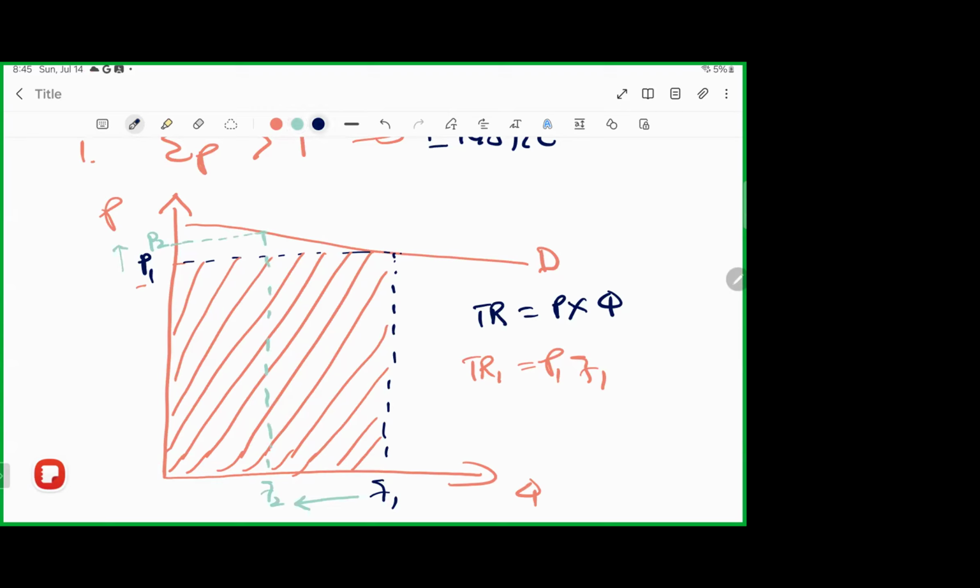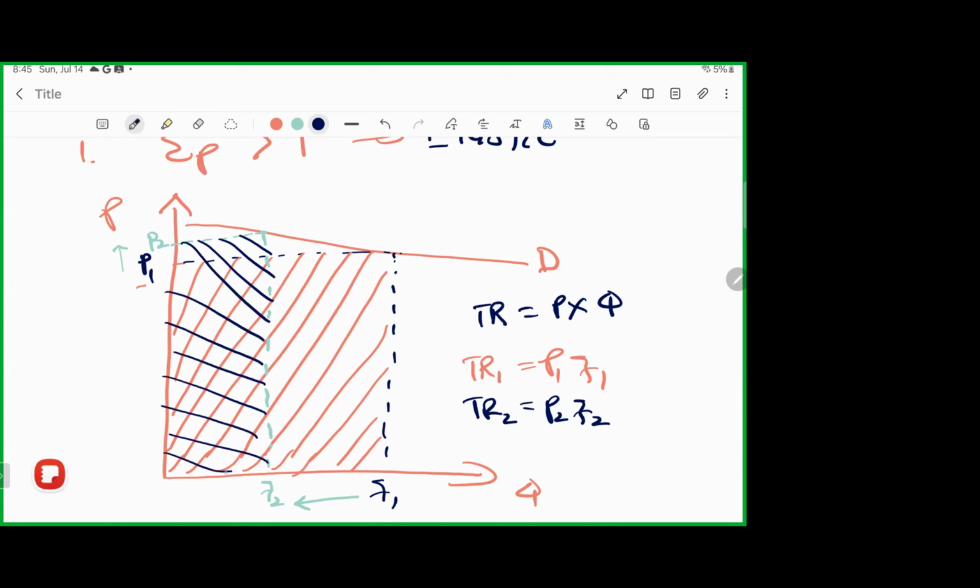Yes, the seller will gain some revenue. So the new revenue, which is revenue 2, would be the new price P2 times the new quantity Q2. You realize that the new revenue would now be this side.